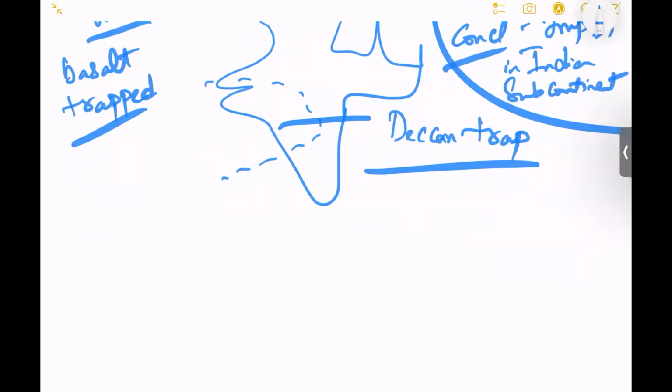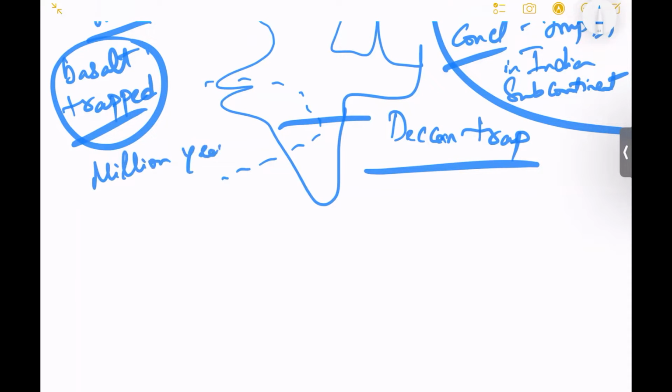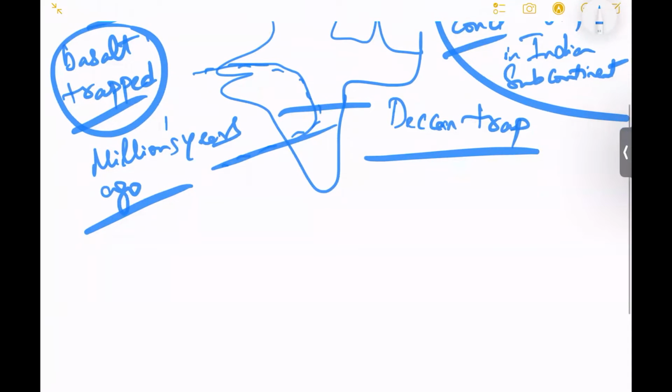You need to write in the introduction, Deccan Trap is the region in the peninsular plateau where the basalt is trapped due to certain volcanic activity some millions of years ago. And then this is spread. What is the spread? Spread from the present day borders of Rajasthan up to the borders of Karnataka.